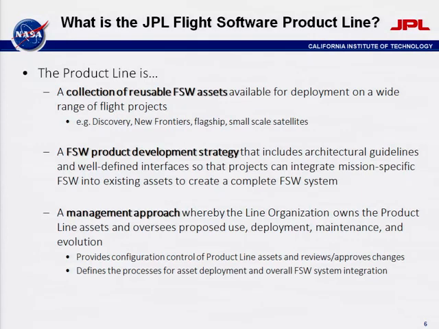It's important to know that these assets include things like requirements, checklists, processes, people, training. It's not just about reusing the flight software code itself. It's about reusing all of the infrastructure that is needed to actually develop a product.